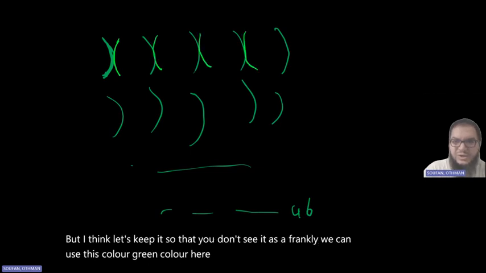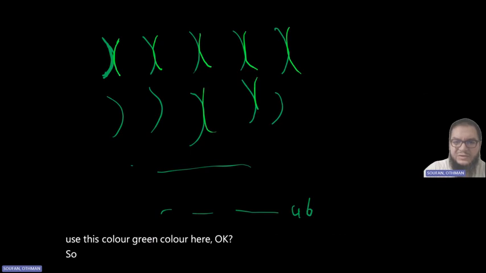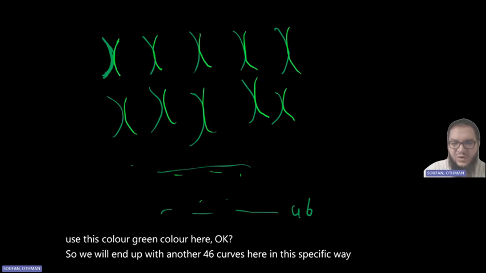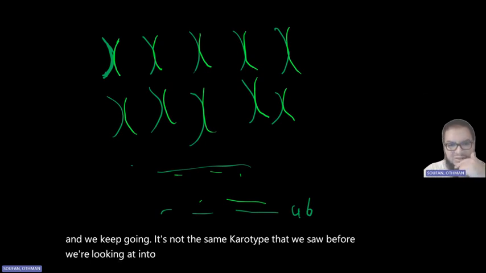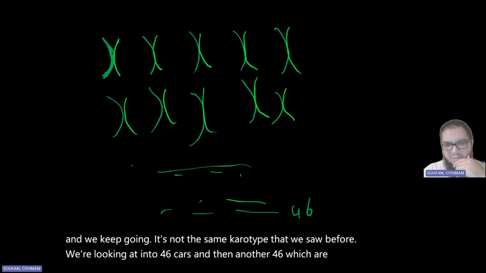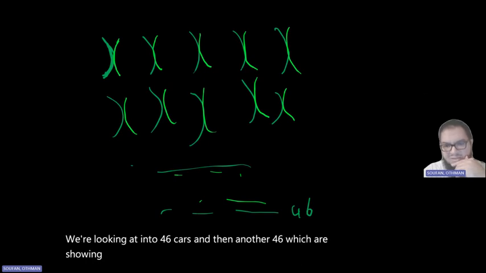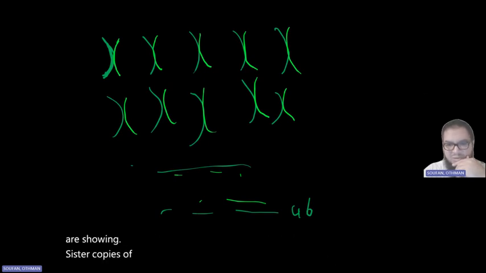So we will end up with another 46 curves in this specific way, and we keep going. It's not the same karyotype that we saw before. We were looking at 46 curves, and then another 46, which are showing sister copies of these chromosomes.